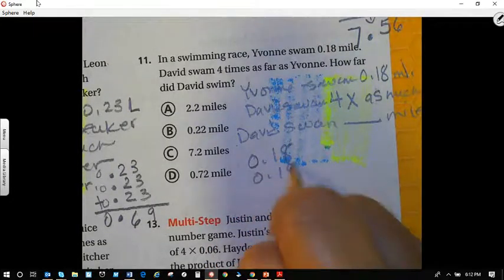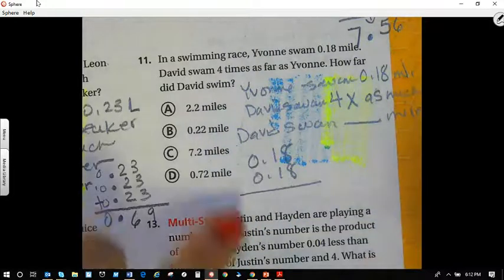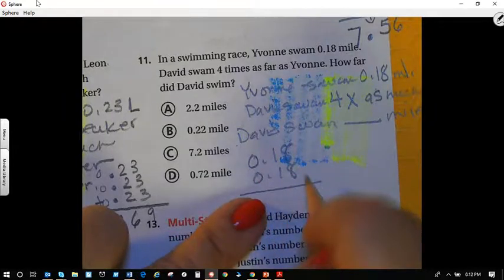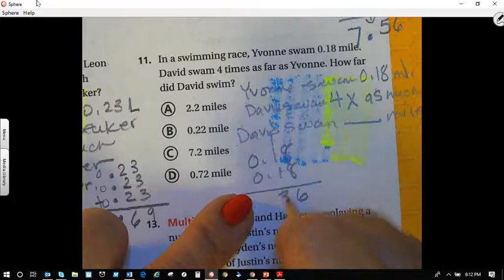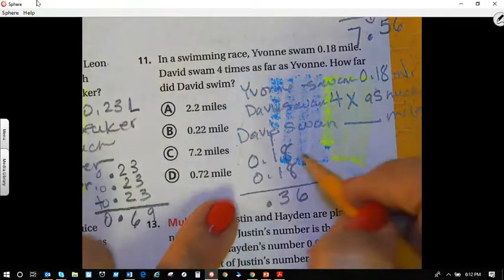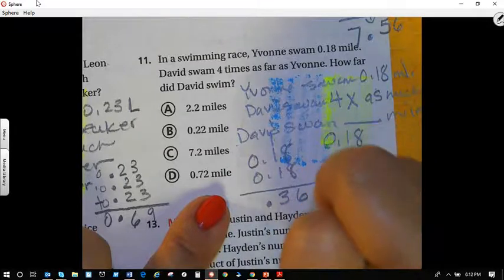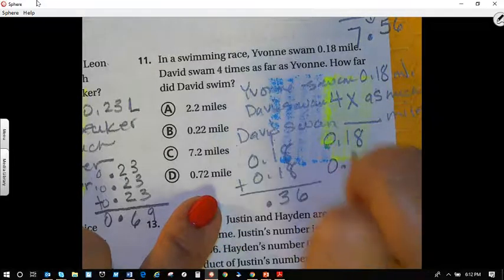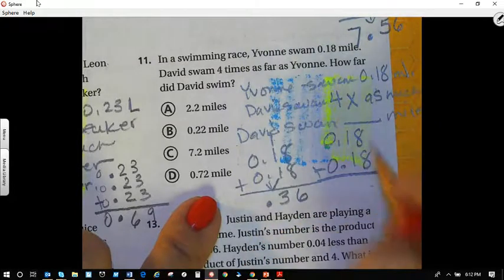Okay, so again, I have my 1/1800 of a mile, and I'm going to add that 4 times because it was 4 times the amount. And because I'm limited on space, I'm going to do it this way. 8 plus 8 is 16. Regroup my 1, 1, 2, 3. That's 36. Well, I already know, but I'm going to do it anyway for those of you that can't see it. So I'm going to add my other group. And remember, bringing down my 8 plus 8 is 16.